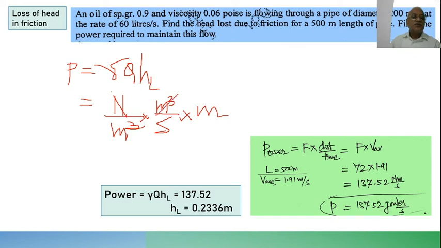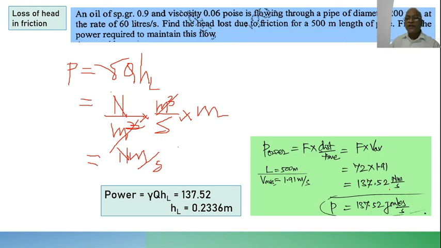So this meter cube goes, what you will be left with is Newton meter per second. So when it is Newton meter per second, it is obviously joules per second, or watts.